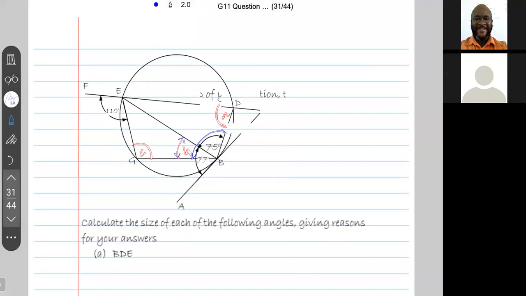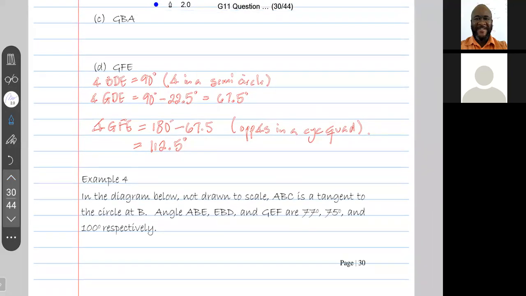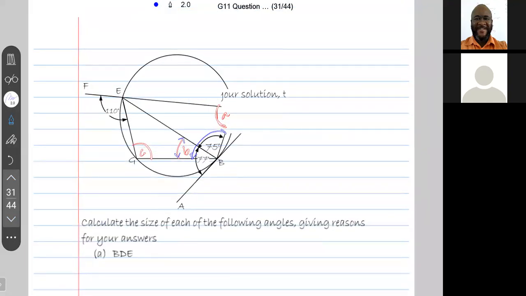I have 110. I'm guessing it should have been 100 because the question says 100 degrees. Or should we just write 110 and be done? All right, let's change it from here and keep what is in the diagram. So this is 110 degrees. All right, so we'll go back to the diagram now.